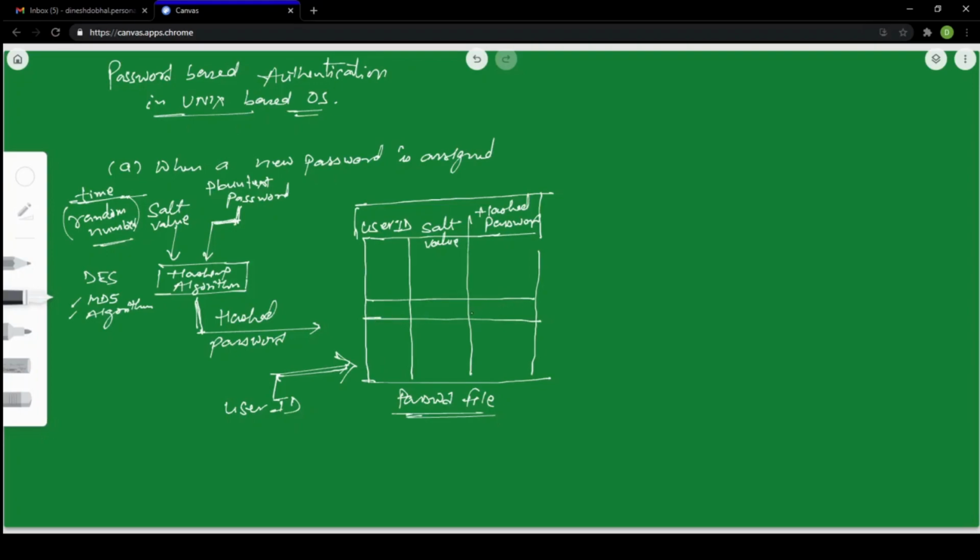From that password file, the salt value is retrieved and given to the hashing algorithm.